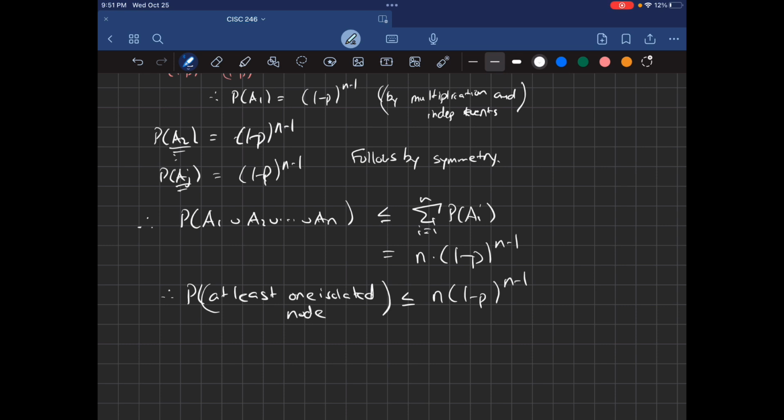So in a random graph where we're generating n nodes and we're connecting every pair with a probability p, the probability of at least one isolated node is at most n times 1 minus p to the n minus 1.